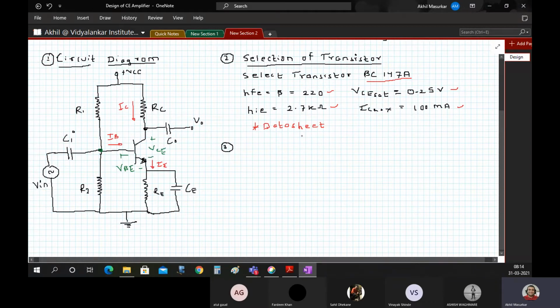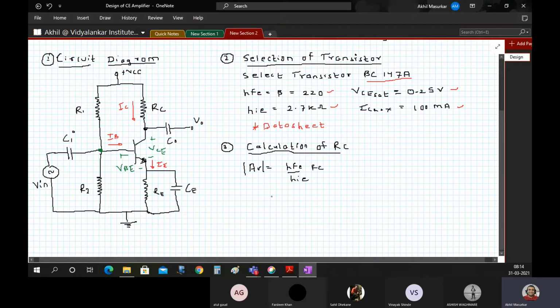So first is calculation of RC. In this problem, these specifications are given. So we know that AV is equal to HFE upon HIE into RC, mod of that.